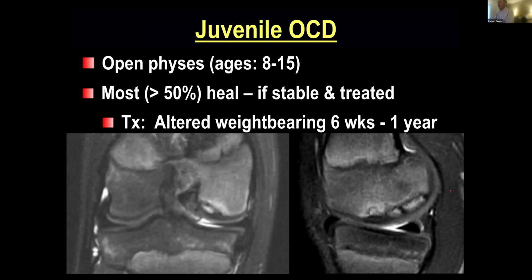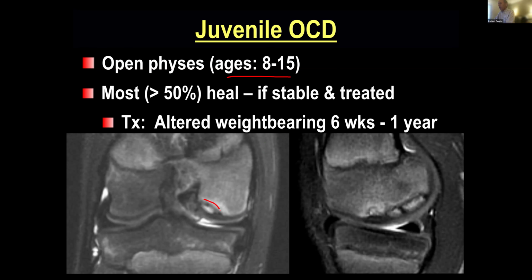Often we talk about juvenile and adult types of osteochondritis dissecans. The juvenile form, when the physes are open in younger patients, and when the physes are still open, most of the time it'll heal if the lesion is stable and they're treated appropriately with non-weight bearing for some variable period of time.